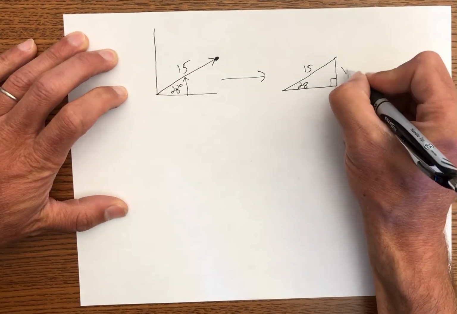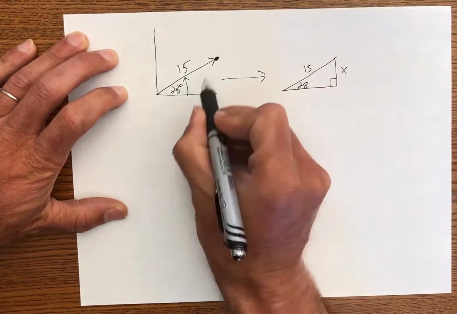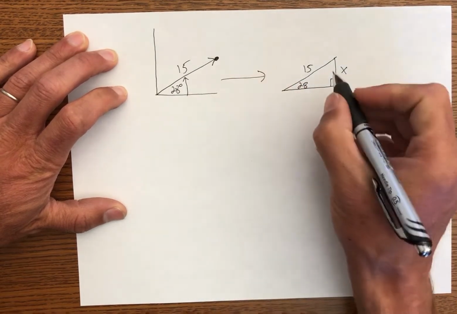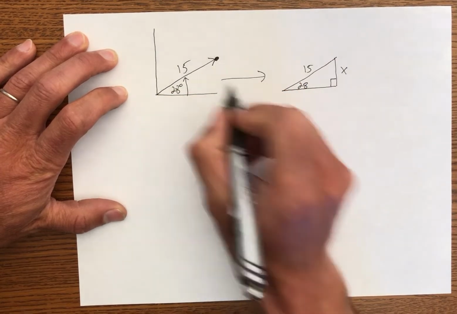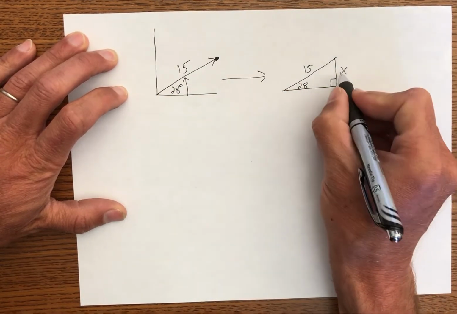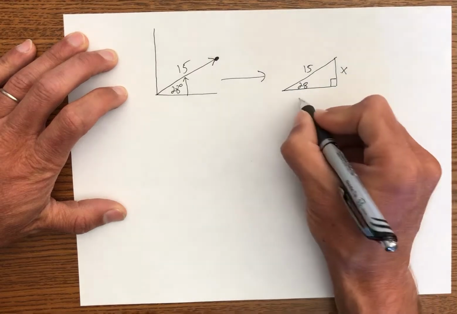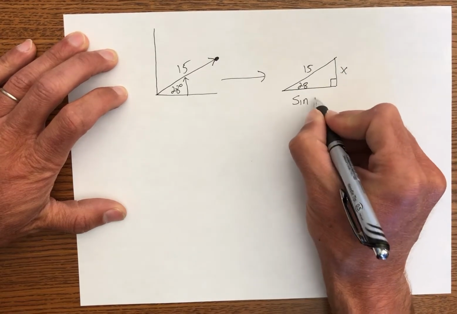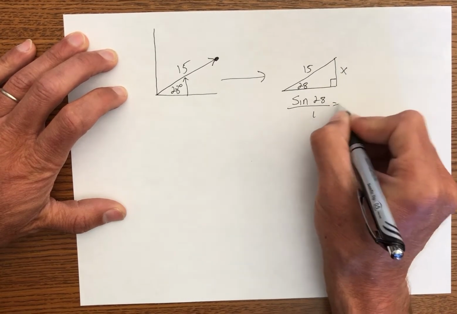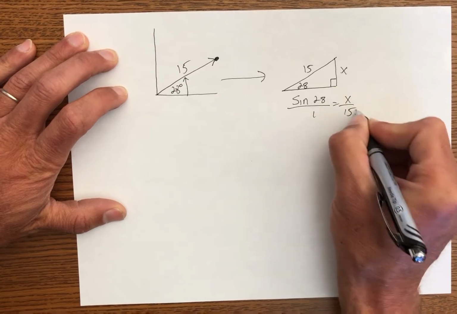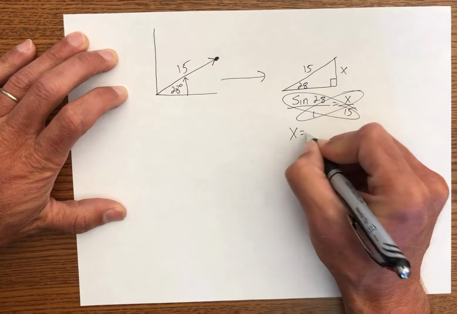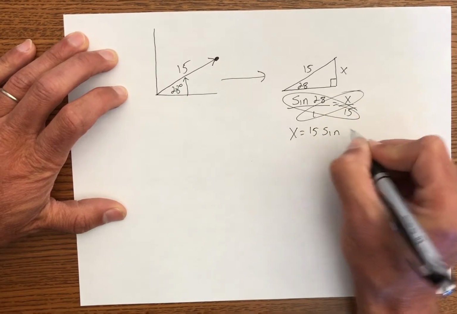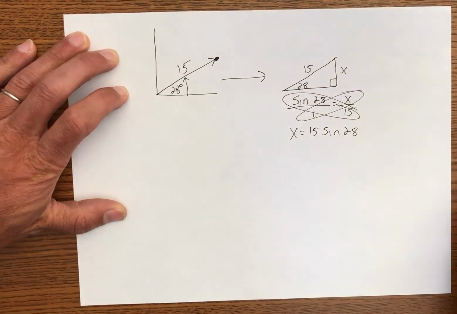Now let's do SOHCAHTOA to find how far it has traveled up. We know it's 28 degrees, but let's find the distance that it's traveled up. This is opposite and hypotenuse. So sine 28 equals x over 15, cross multiply, x equals 15 sine 28.